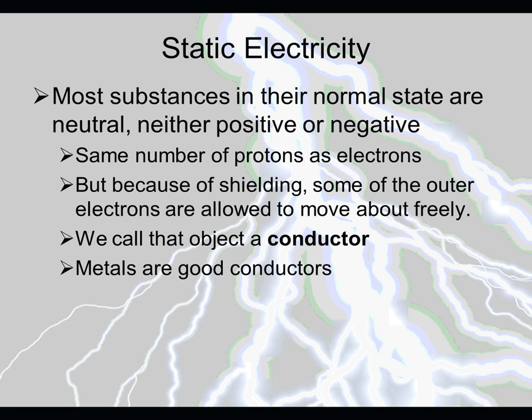Most substances are neutral. Again, that means they are neither positive nor negative. So that's going to be neutral. If a substance is neutral, it's going to have the same numbers of protons and electrons. Remember, protons are positive, electrons are negative.